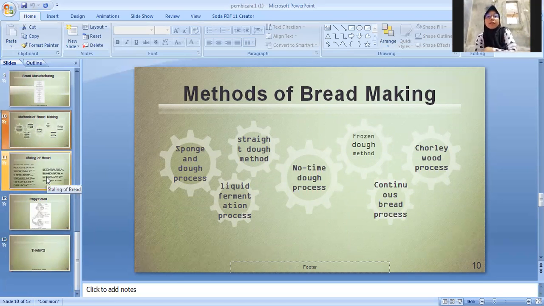Methods of bread making: sponge and dough process, liquid fermentation process, dry dough method, no-time dough process, frozen dough method, continuous bread process, and Chorleywood process.